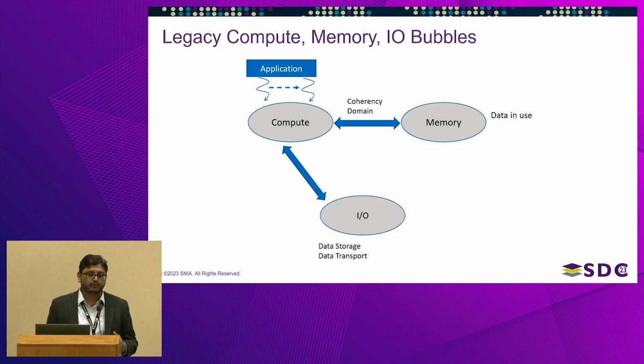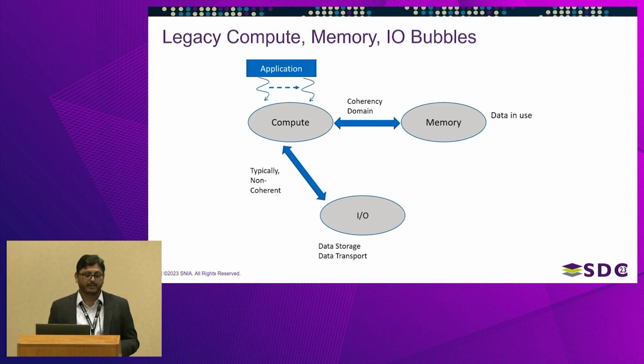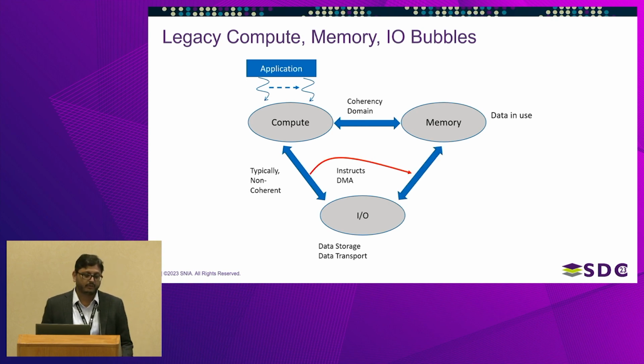Anytime you wanted to store or transport data, you typically used an I/O device. The compute and the I/O have typically been in a non-coherent relationship, if you would. If you wanted to transport the data that is in memory, or store the data that is in memory, or bring it back to memory from storage or transport layers, you typically had DMAs that would help you with that.